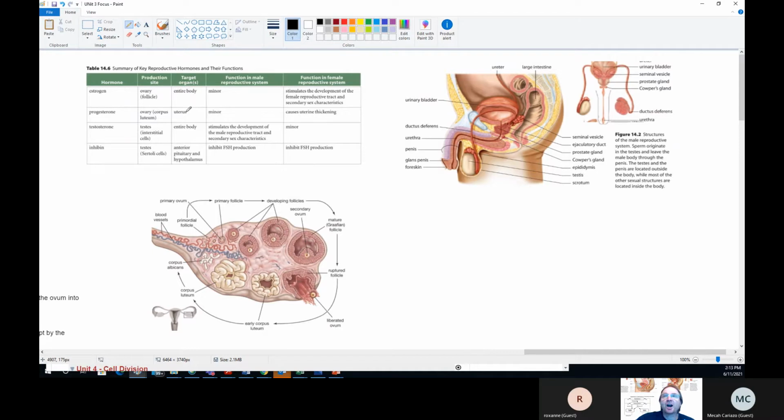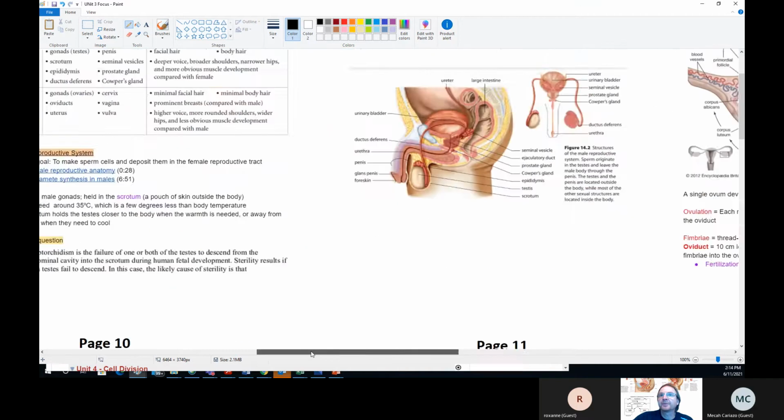Basically, it targets the uterus, which we'll take a look at in a second, and it causes the uterus to thicken and to stay intact. The uterus is, of course, where the egg will go if it gets fertilized. And actually, why don't we take a look at the female reproductive structure?